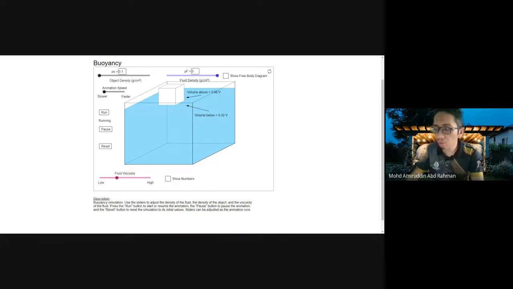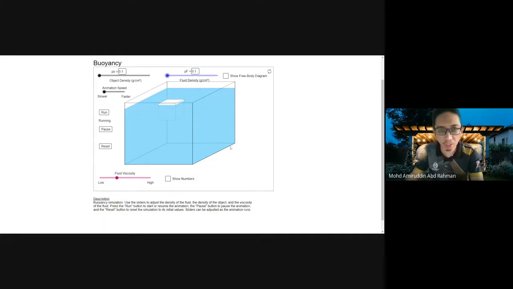Okay, and then number 4. You can also change the fluid density as well. Let's say you make the fluid density smaller. You can see that the object now is going to submerge into the water, because the density of the fluid now is similar to the object density.